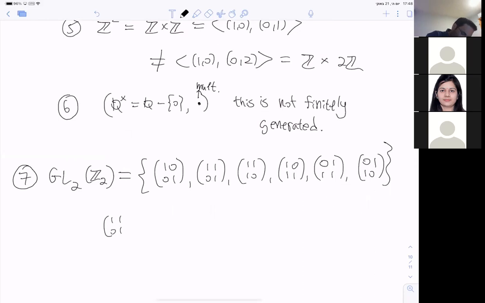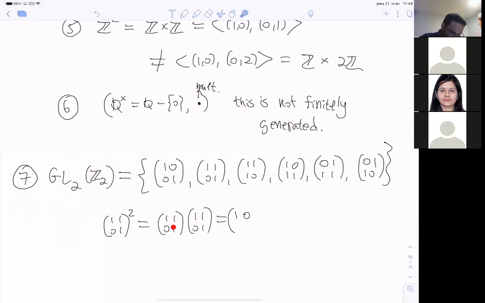For example, what will be this element squared? Let us compute it. One and 0 is 0, and 1. 1 and 1, what is it here? 1 plus 1 is 0.